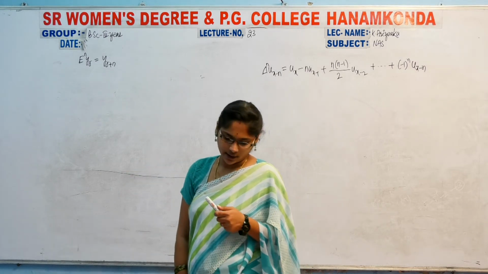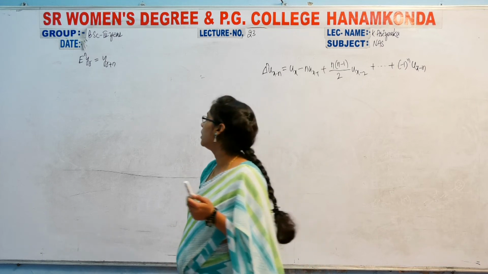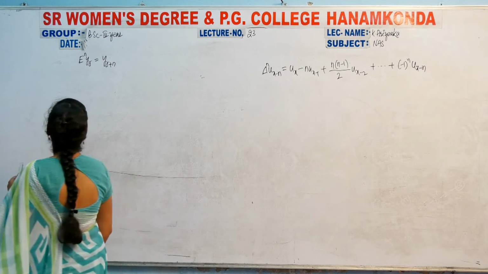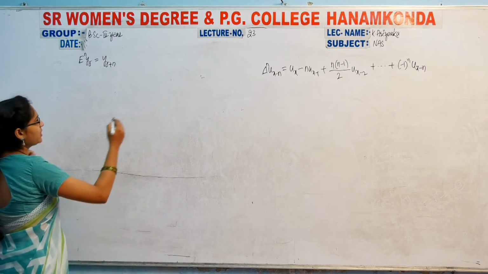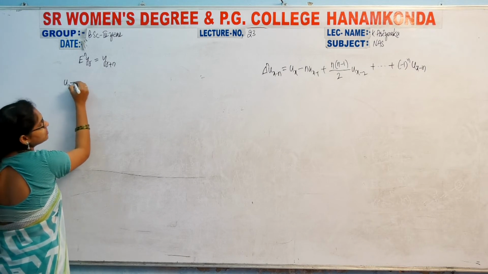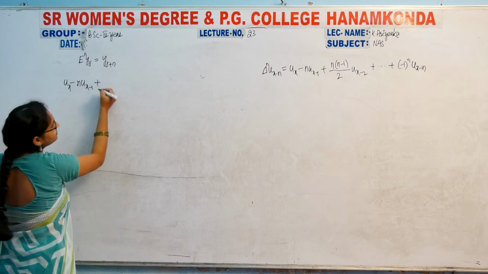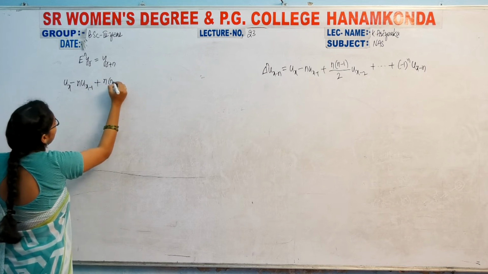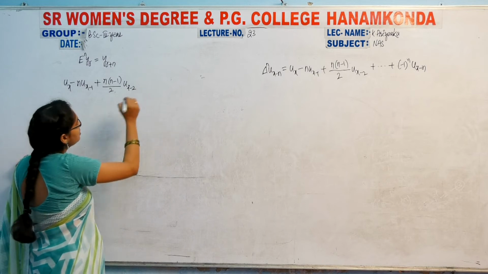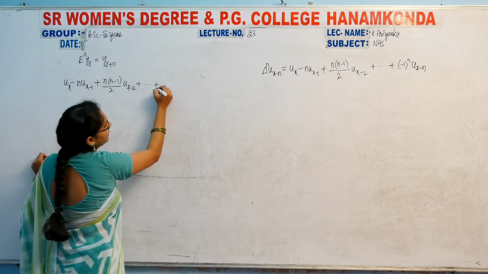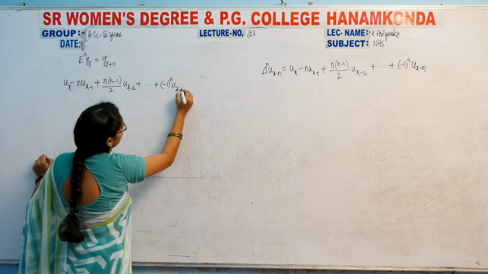Okay, now write down. Now consider the RHS. What is RHS? u x minus n into u x minus 1 plus n into n minus 1 by 2 u x minus 2 plus so on plus minus 1 whole to the power of n u x minus n.